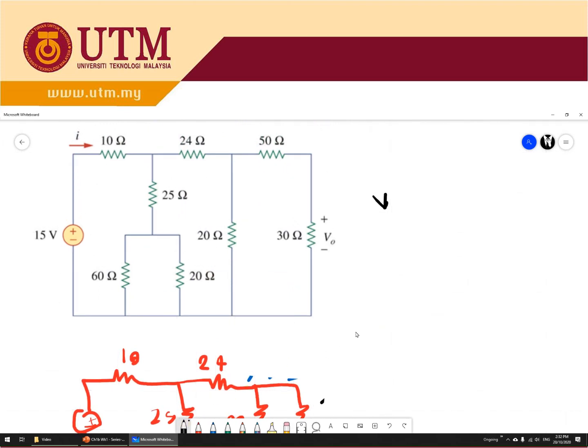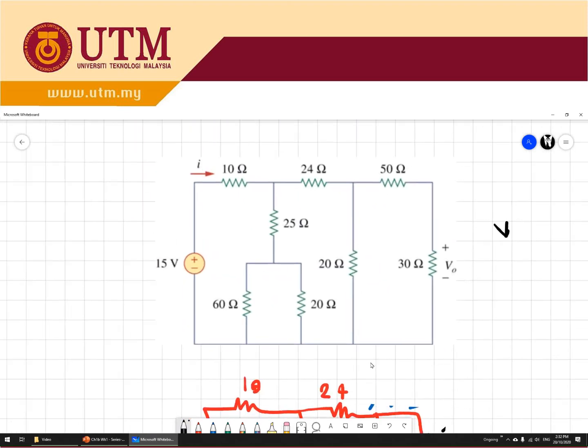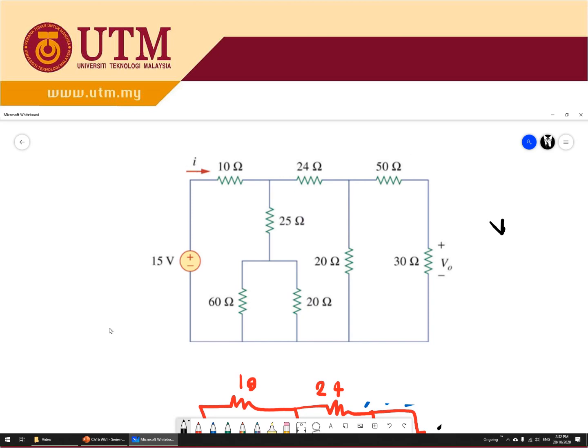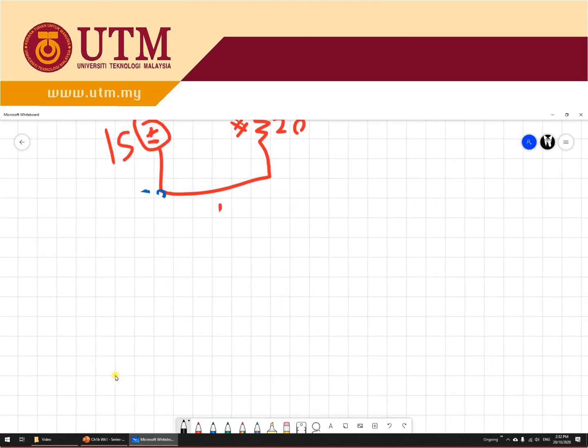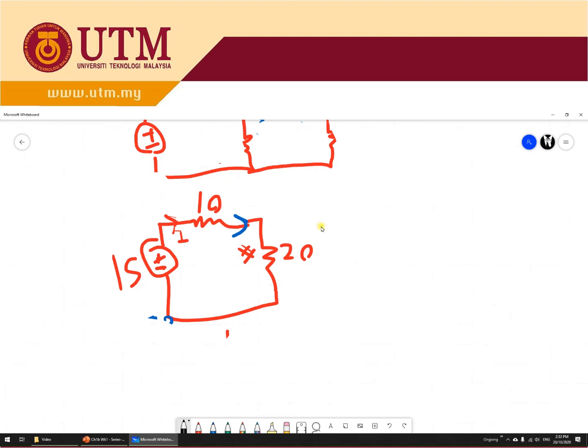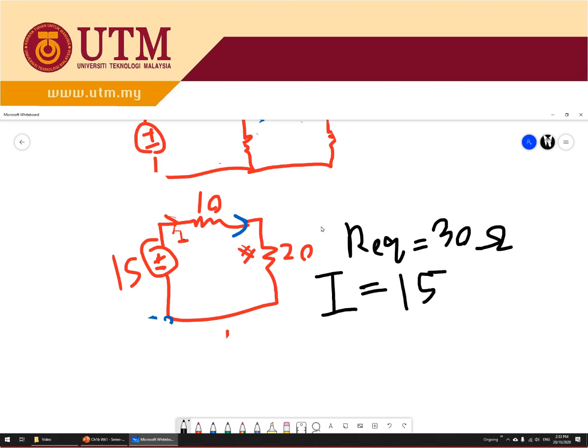First thing, look here. You have to get the I. So how to get the I? You need to calculate the R equivalent, which you already found before. So Req equals 30 ohm, 10 plus 20. So I equals voltage 15 divided by 30, so 0.5 ampere.